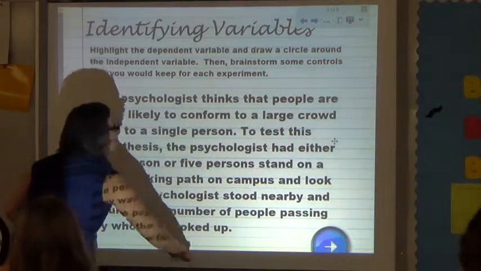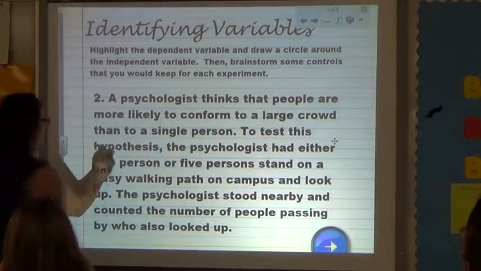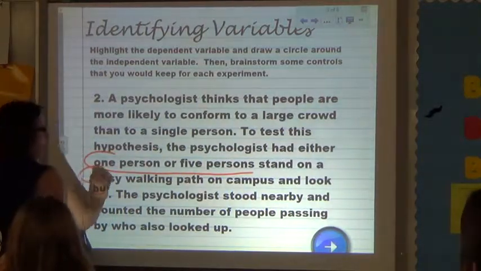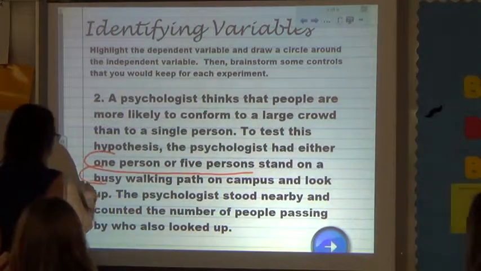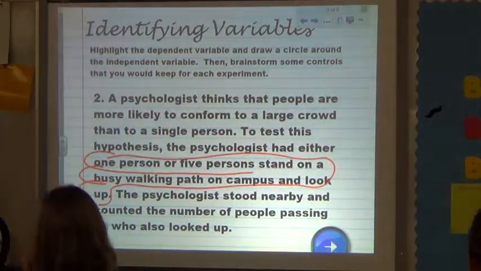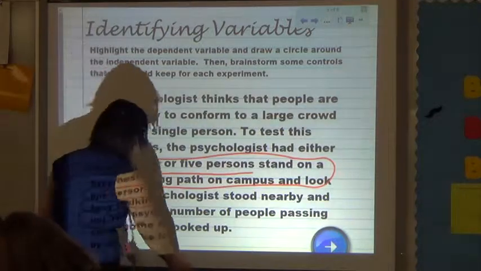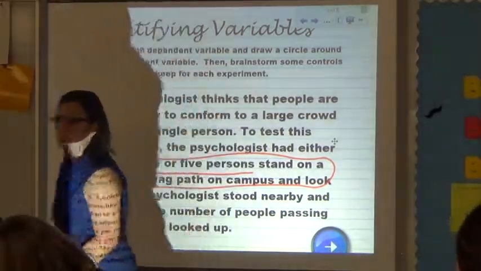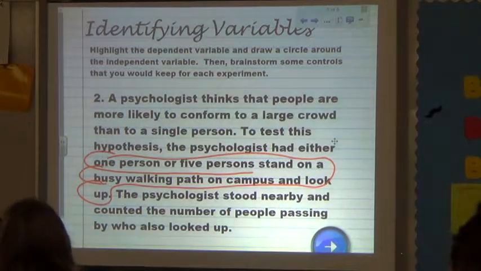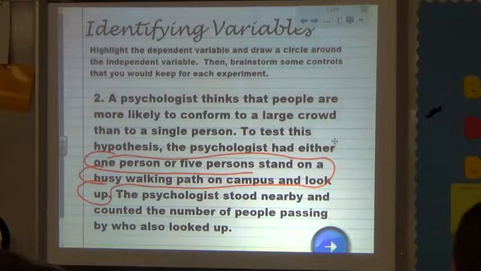Yes, good. So you either had 1 person or 5 people that stood and looked up. Oh yeah, and looked up. Well, this whole thing. Go ahead. Does it highlight that? No. Oh yeah, you were supposed to highlight it. Definitely. That's the independent variable. You were supposed to circle it.